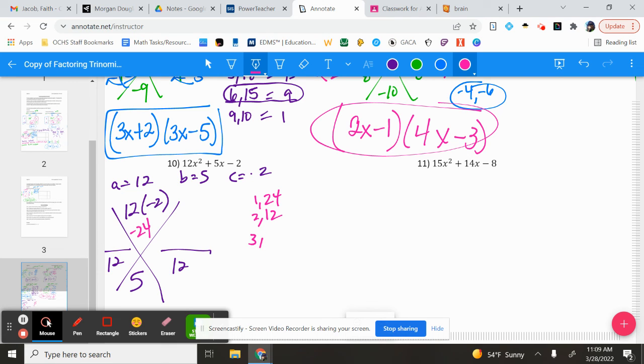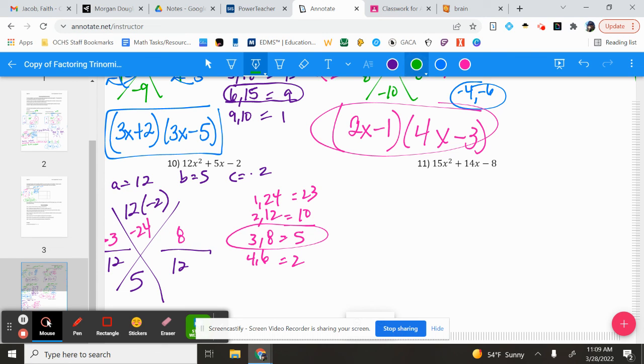So 1 will go into 24, 2 will go into 24 12 times, 3 will go into 24 8 times, 4 will go into 24 6 times, 5 will not, and then we're back to 6. So if I'm subtracting these two numbers, because remember I have a positive and a negative, that gives me 23, 10, 5, and 2. I can see that I want to use 3 and 8 to give me 5. Because my b value is a positive 5, that means that the 3 must be negative and the 8 must be positive.